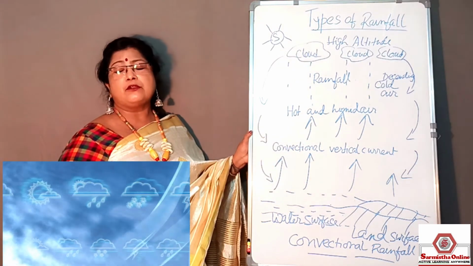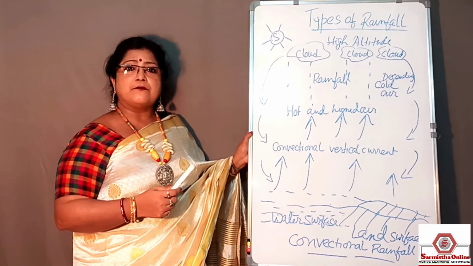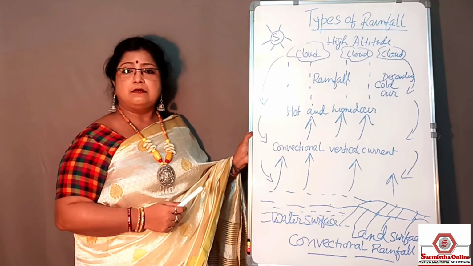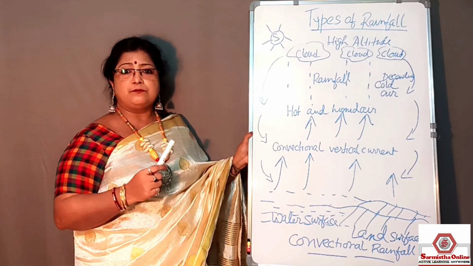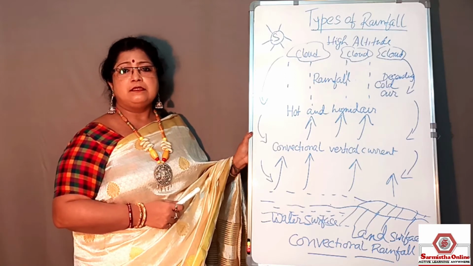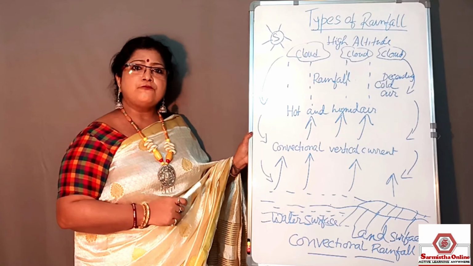Mainly in the equatorial region, heavy rainfall occurs during the afternoon time, and this special rainfall is named convectional rainfall, which is mostly prevalent in the equatorial region and is also termed 2 p.m. rainfall or 4 p.m. rainfall.